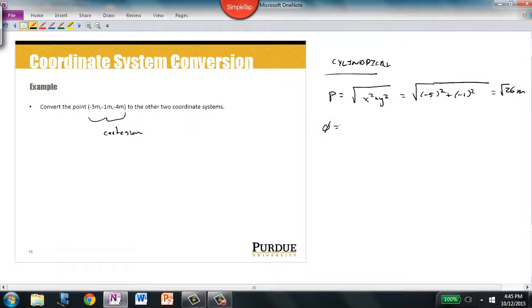Phi is equal to the inverse tangent of y over x. So that's the inverse tangent of -1 over -5. That gives me 0.1974 radians. And z, there is no conversion necessary, so it's just -4.